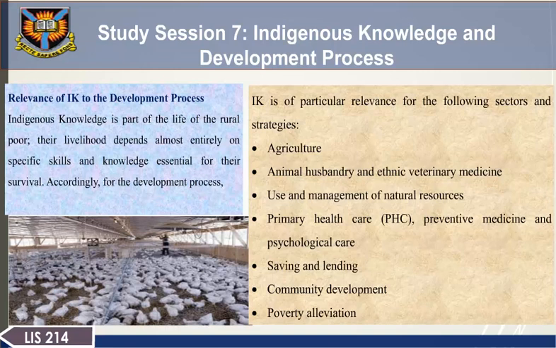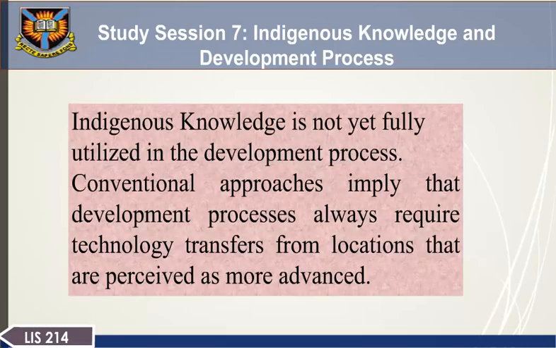Accordingly, for the development process, IK is of particular relevance to the following sectors and strategies: agriculture, animal husbandry and ethnic veterinary medicine, use and management of natural resources, primary health care, preventive medicine and psychological care, saving and lending, community development, poverty alleviation. Indigenous knowledge is not yet fully utilized in the development process.